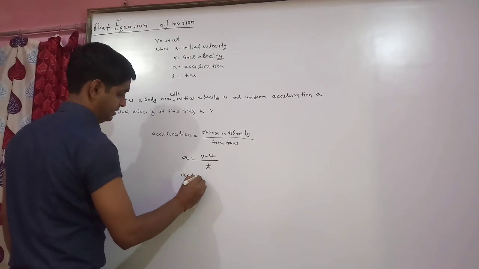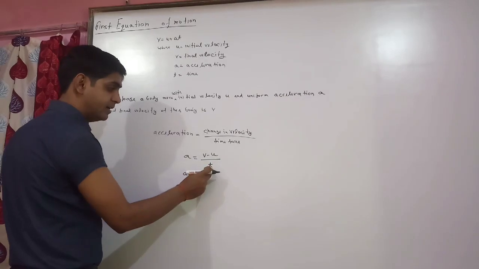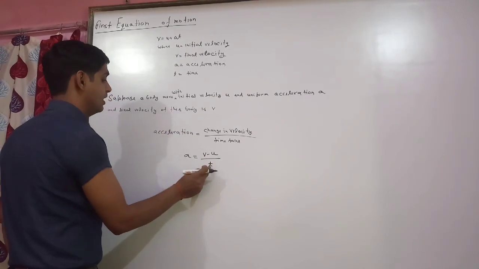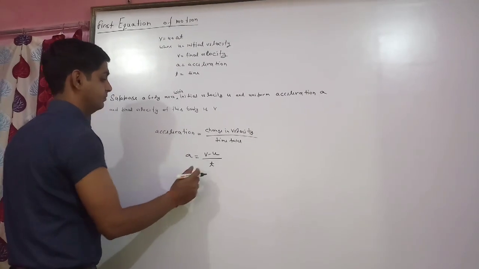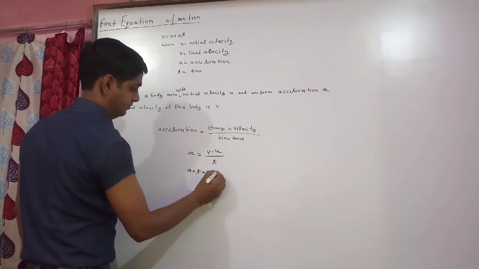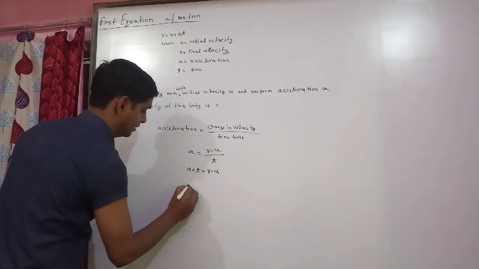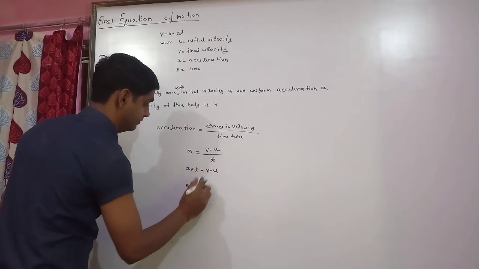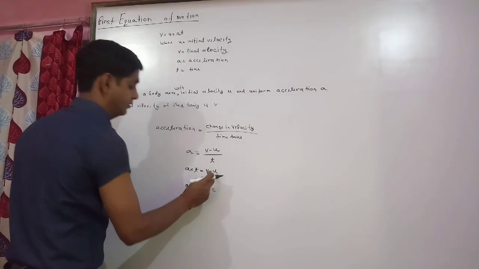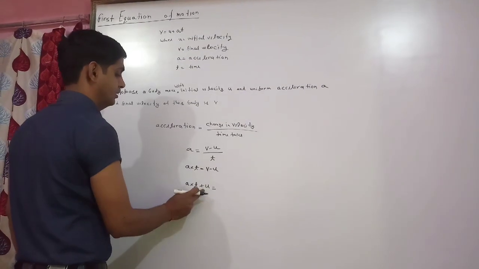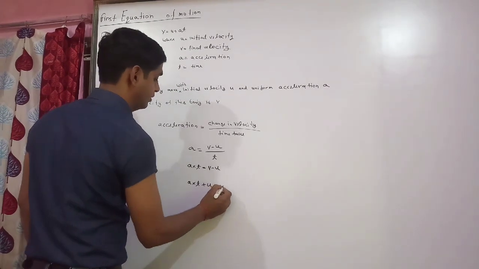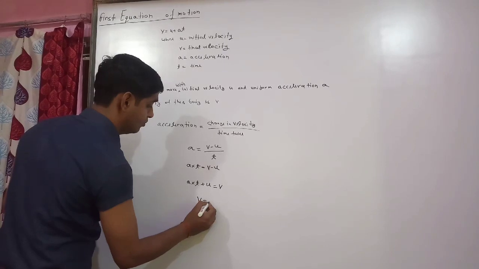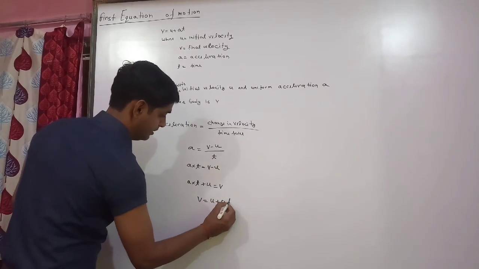After multiplying, t is here. After solving, u is minus, and when you put it here, this is plus, so v = u + at.